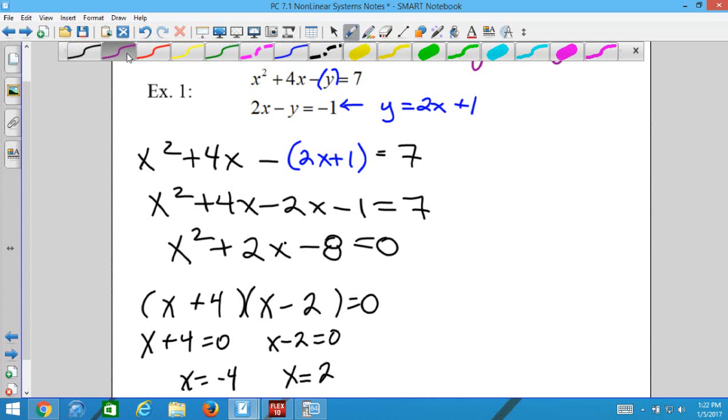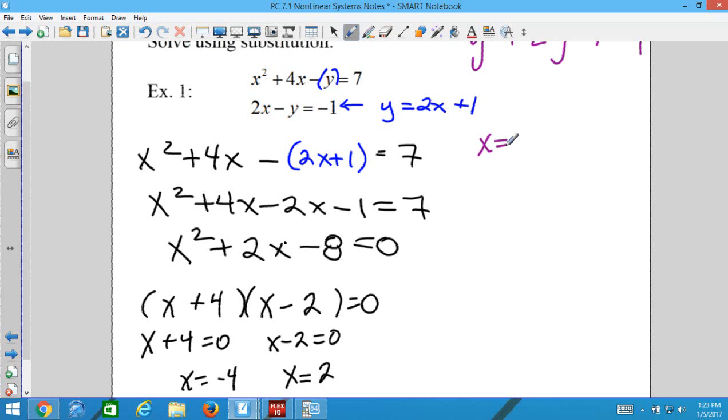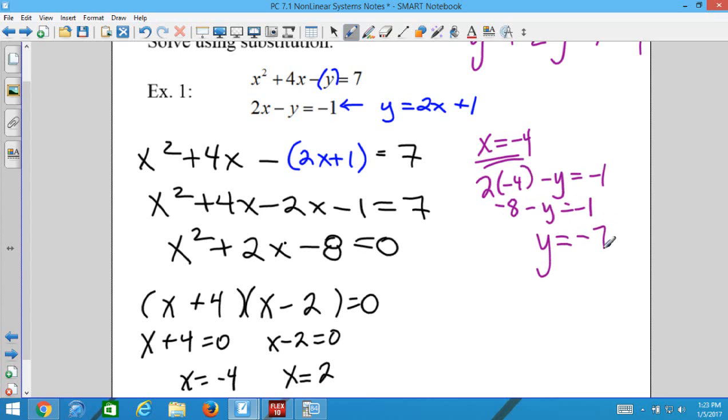So we do what we did yesterday where we substitute back in one number at a time. Start with x equals -4. I'm going to plug that into the second equation because it looks easier. I'm going to solve it for y. You should get -7.